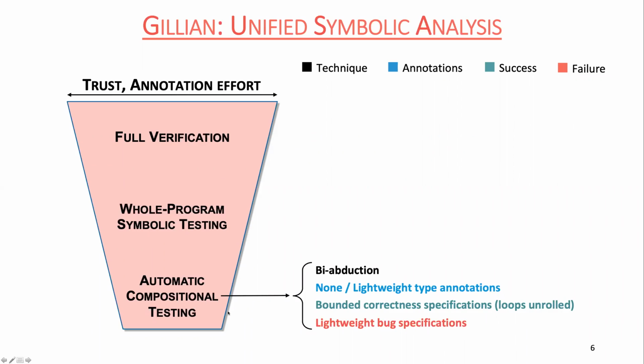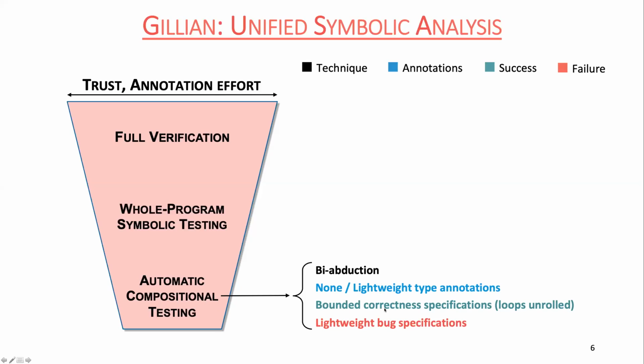And then there's automatic compositional testing based on bi-abduction. This is where the general developer has a chance to play. The people doing the most on this, or the ones that started this, are the well-known Facebook Infer crowd. Their work is based on a technique called bi-abduction, which we also use.